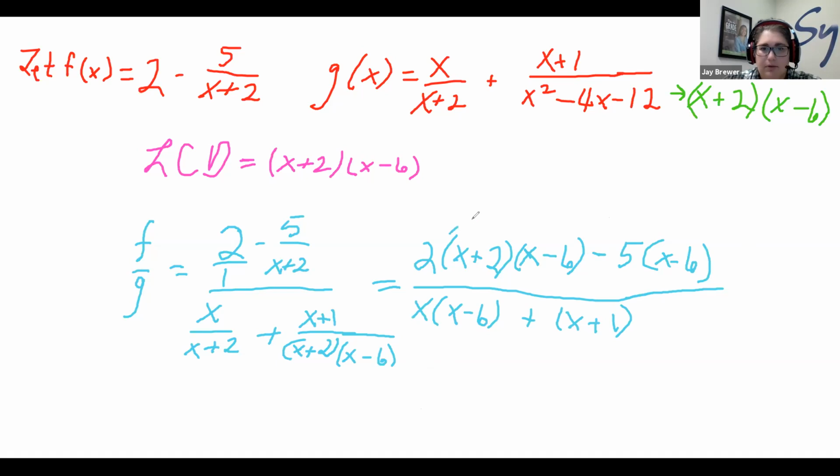Okay, well, we know what this part simplifies to, right? Because we just took it from here. So if we multiply this out, we get 2x squared minus 8x minus 24. And we'll distribute this piece. So we get minus 5x plus 30.